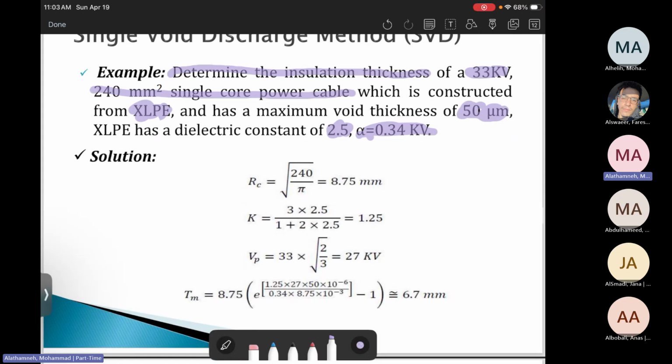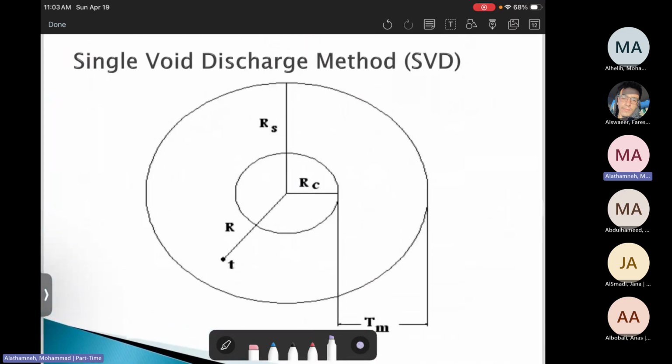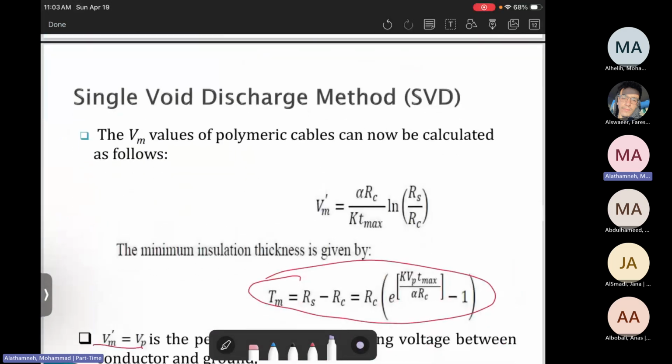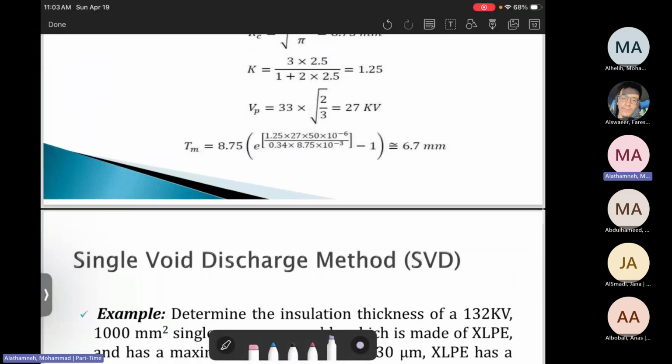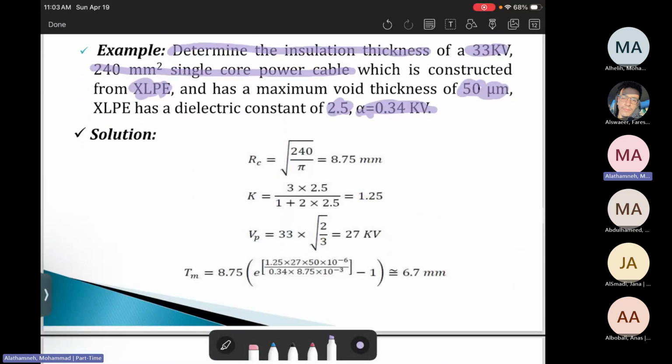To calculate this, let's calculate RC first, because as we see in this picture, there are RC, TM, and RS. RC is the square root of 240 divided by pi, which is 8.75 millimeters. Then K is again 3 times epsilon over 1 plus 2 epsilon, which is 1.25.